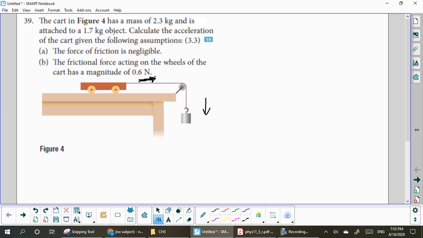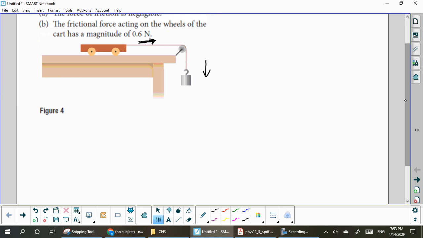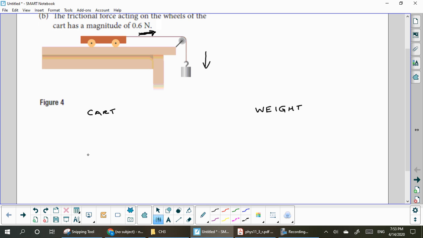So this is how we approach this type of question. We are going to create a free body diagram for both of the objects. So I have the cart, and we have the weight. If we're looking at the cart, here's my object.